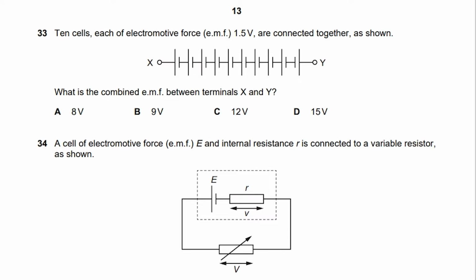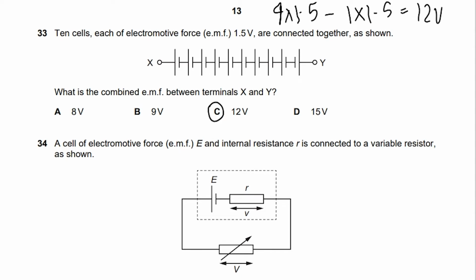So it's actually 9 cells multiplied by 1.5 minus 1 cell multiplied by 1.5, since this cell is in the opposite direction compared to the other cells. So 9 multiplied by 1.5 minus 1.5 is equal to 12 volt, and option C is the correct answer.